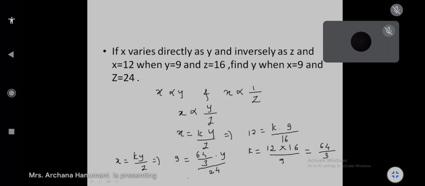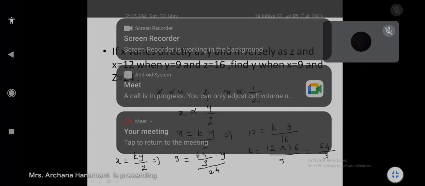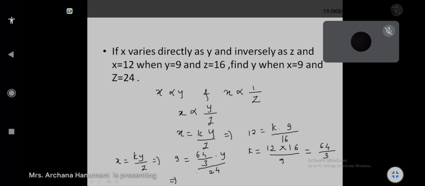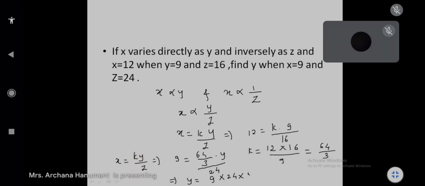Solve this and tell me the answer. So y is equal to 9 into 24 into 3 divided by 64.